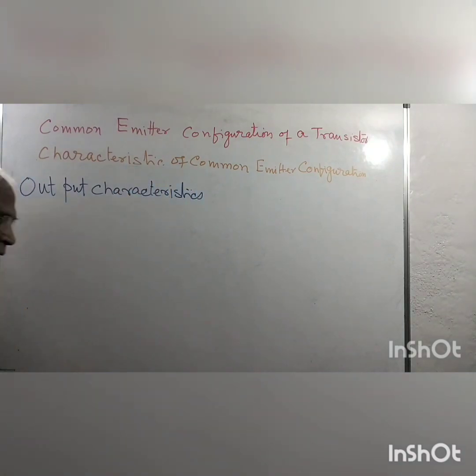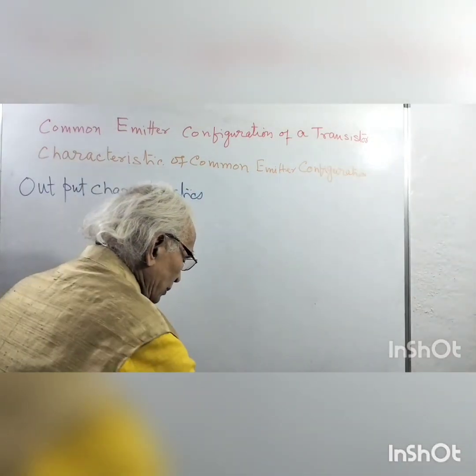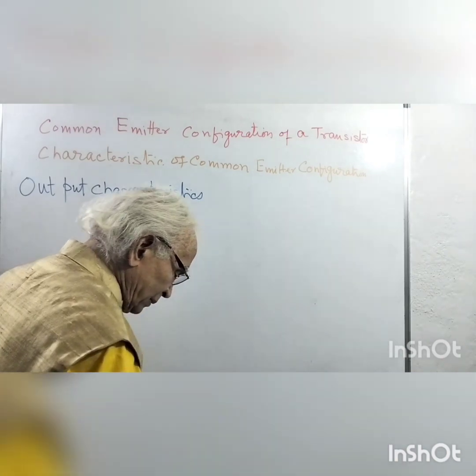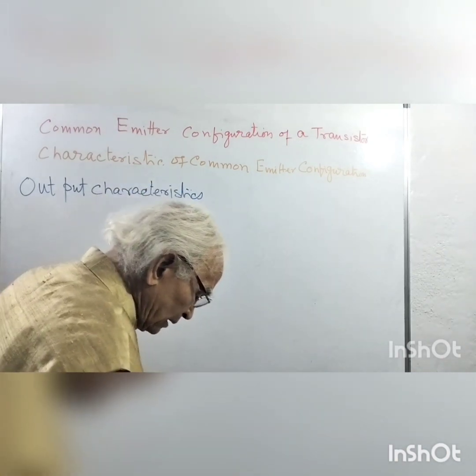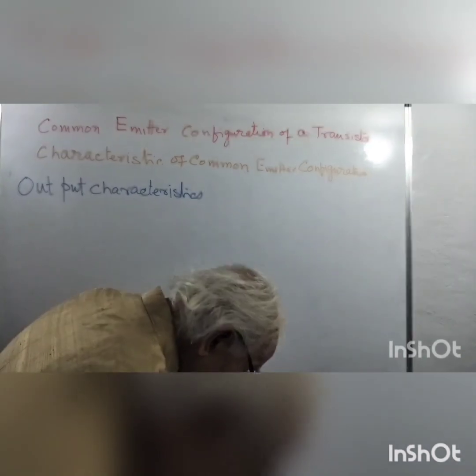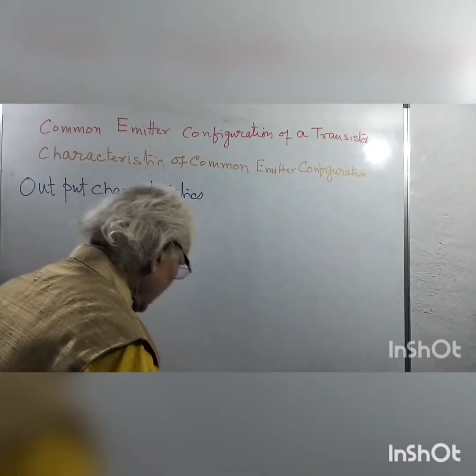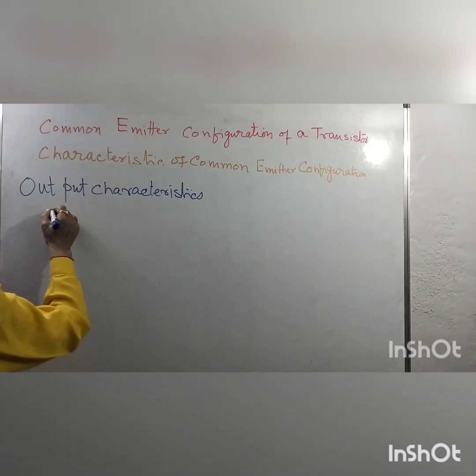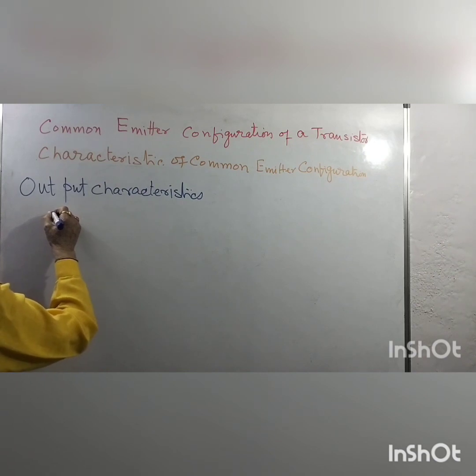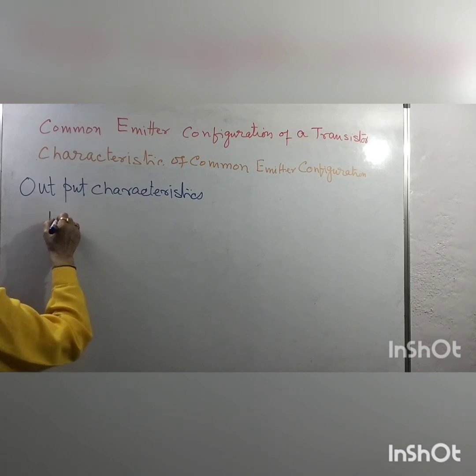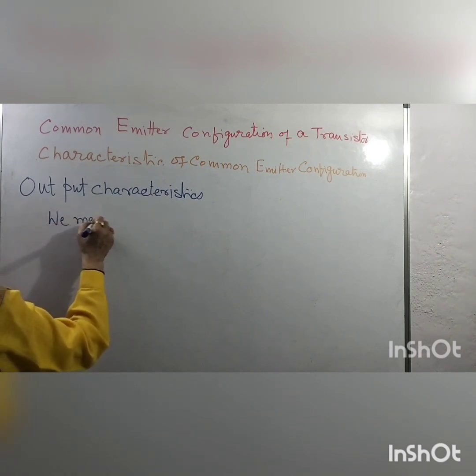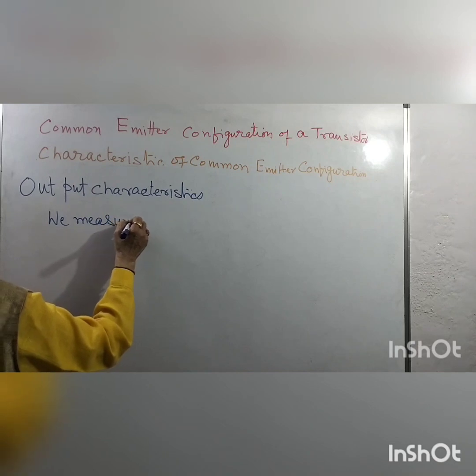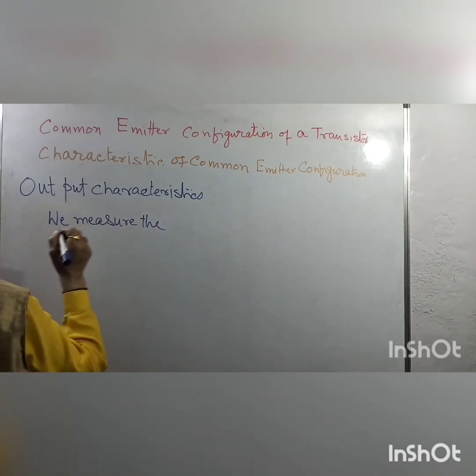So what are the output characteristics? We plot a curve between, say, the parameters. What parameters are there? The VCE and the IB. We measure the collector emitter voltage and we measure the current.